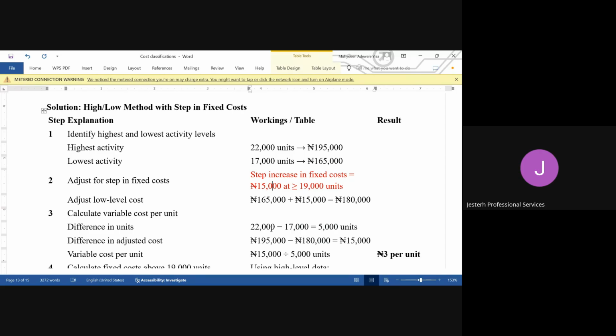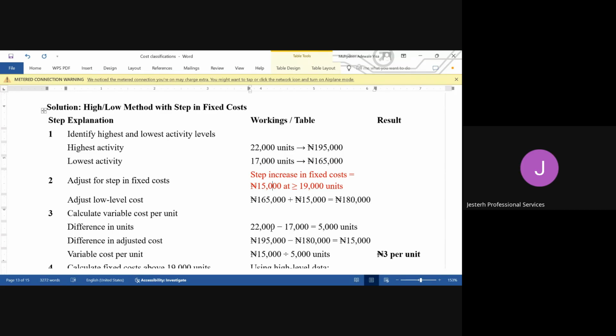Now what we are going to do is we are going to say the total cost associated with the level of activities, which is 160,000, plus the increase in total fixed cost if our level of activities increases or equal to 19,000. If we add the two together, it's going to give us 180,000.